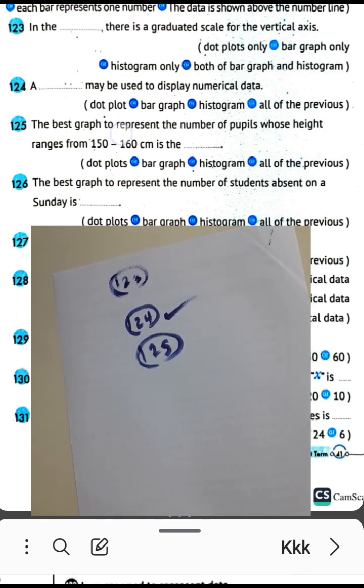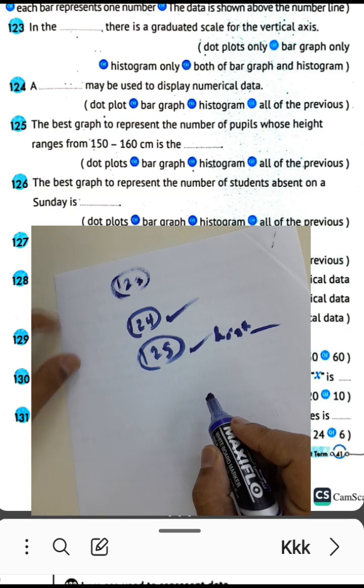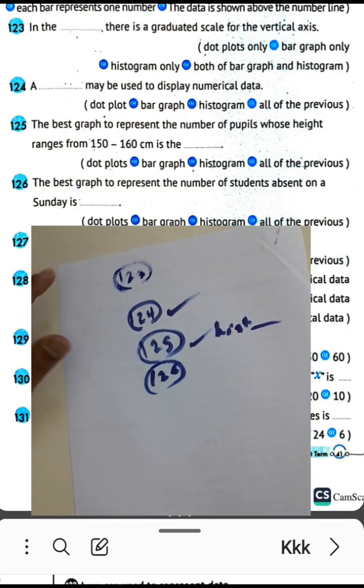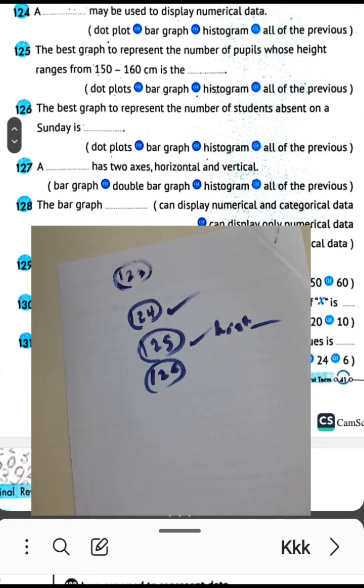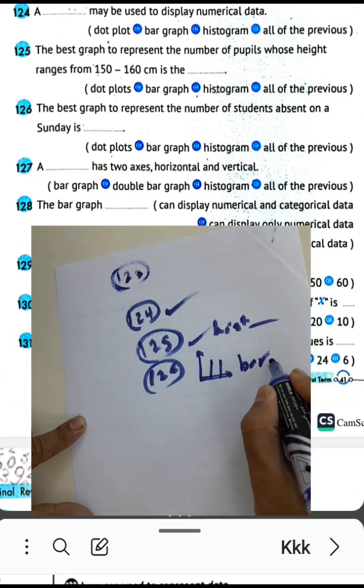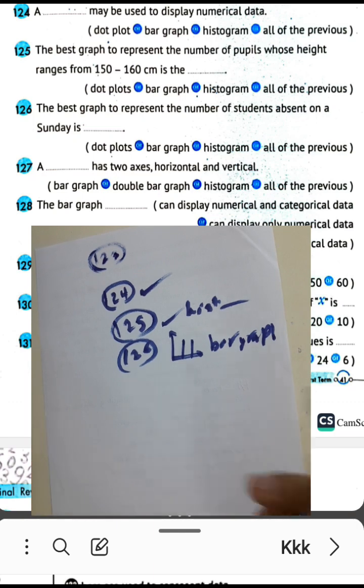Question 126, the best graph to represent the number of students absent on Sunday. The best will be the bar graph.